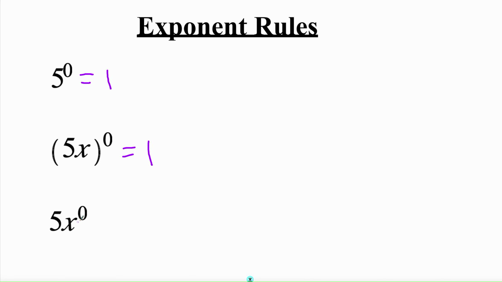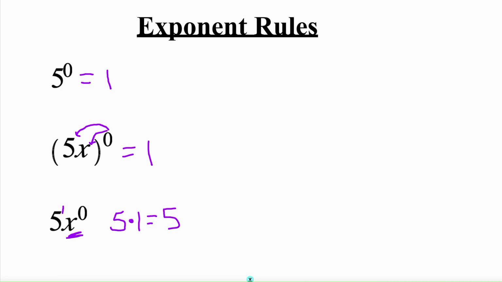Now on this third example, you have to be careful because 5 is not to the 0 power here. 5 is to the first power here. X is to the 0 power. But here, this is 5 times x to the 0, which is 5 times 1, which is 5.